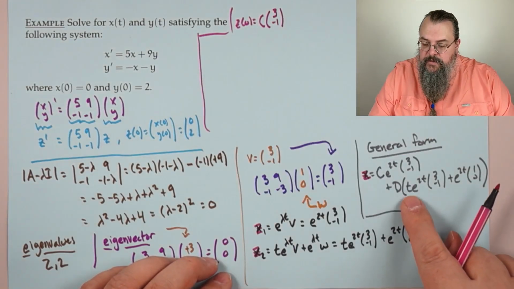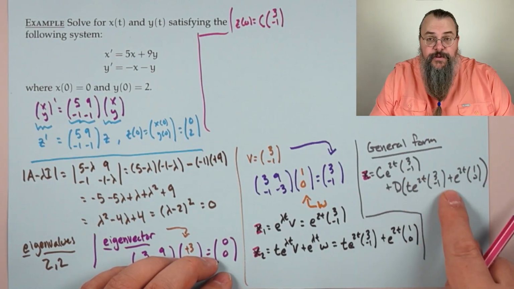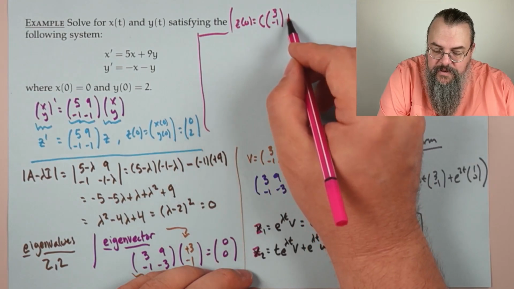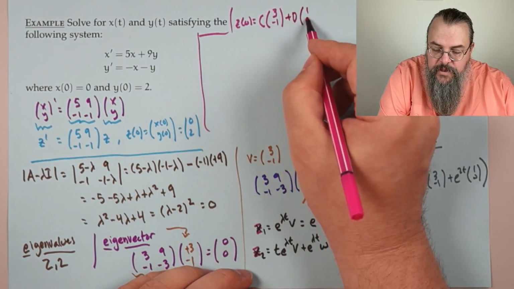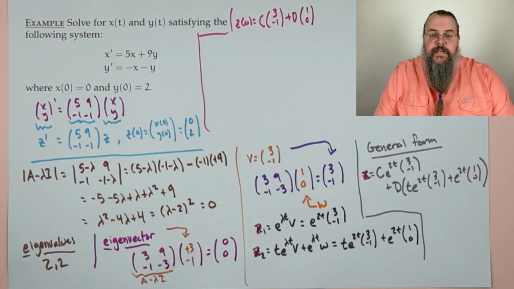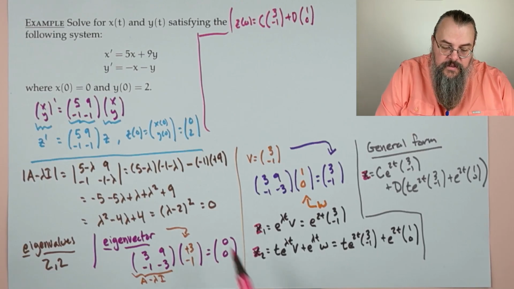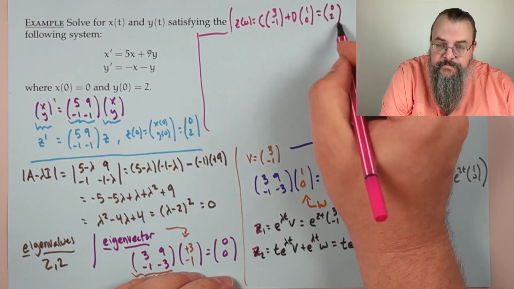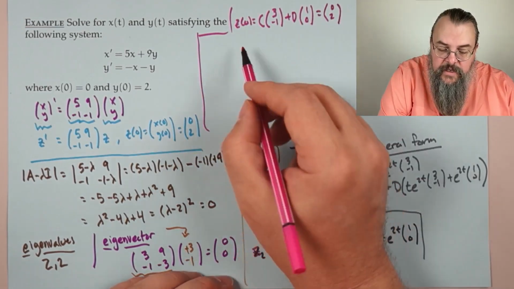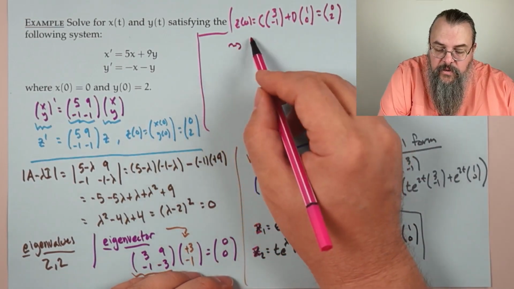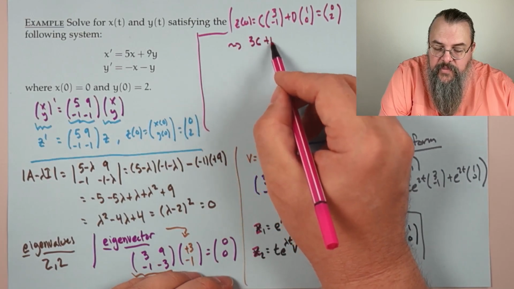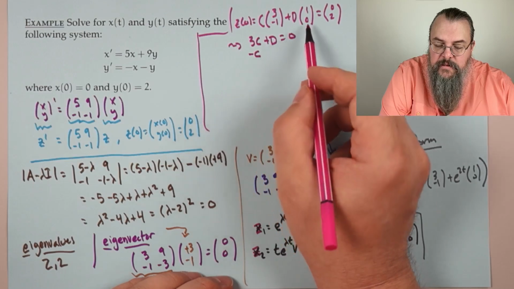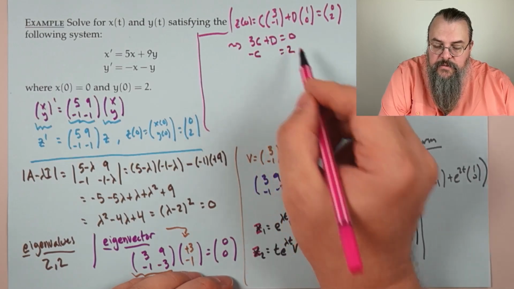And now, plug in 0, we get 0, so that term goes away. e to 0 is still 1, so we end up with some constant d times (1, 0). And that has to equal z of 0, which is (0, 2). Okay, so that tells us we have 3c plus d equals 0, and minus c plus 0 equals 2.